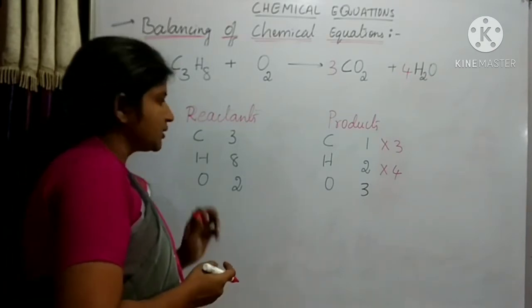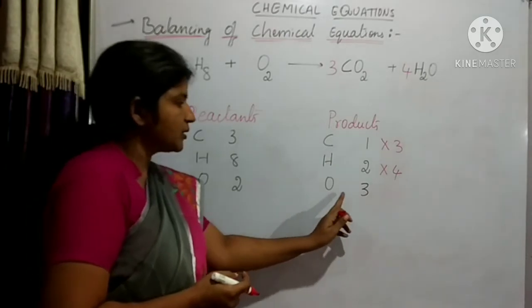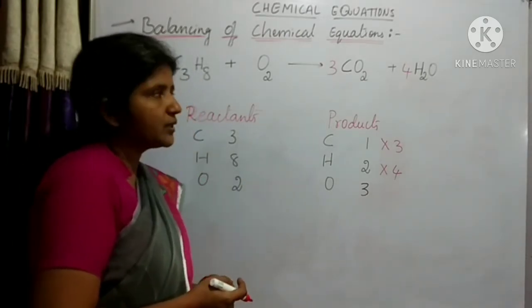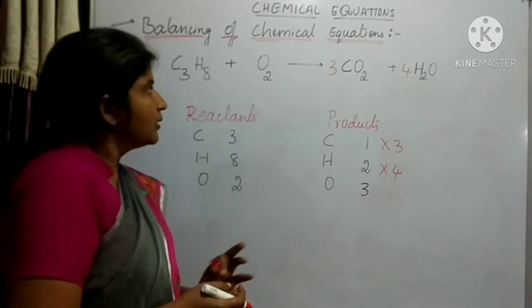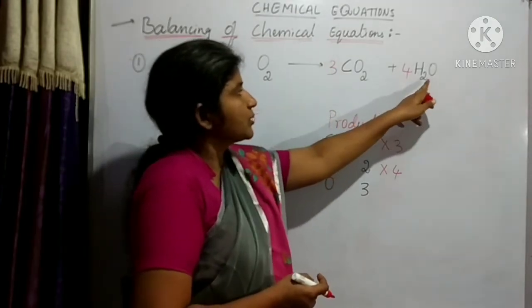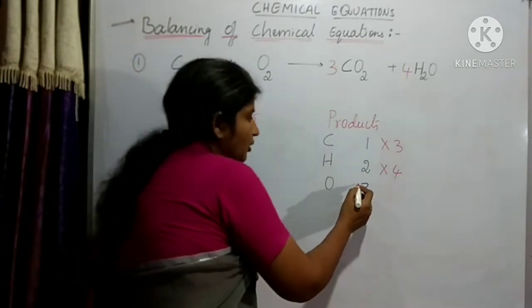Now coming to oxygens. Here oxygens are 2, but on the other side they are 3. After balancing carbons and hydrogens, the number of oxygens on the product side also changed. Here 3 twos are 6 plus 4 oxygens. Now total how many, beta? 10, not 3.